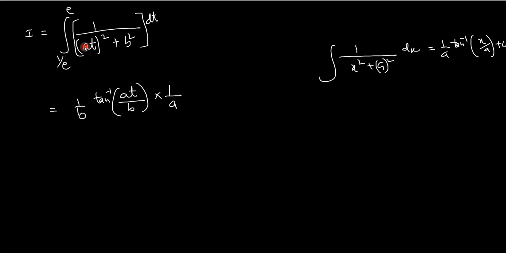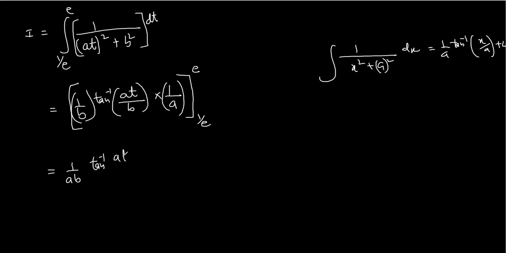It is a, so I will divide by a. I hope you all have understood. Now this 1 upon a and this 1 upon b are not going to make any difference whether you keep them inside the bracket or outside. So 1 over ab and tan inverse of at upon b, with limits 1 over e to e.